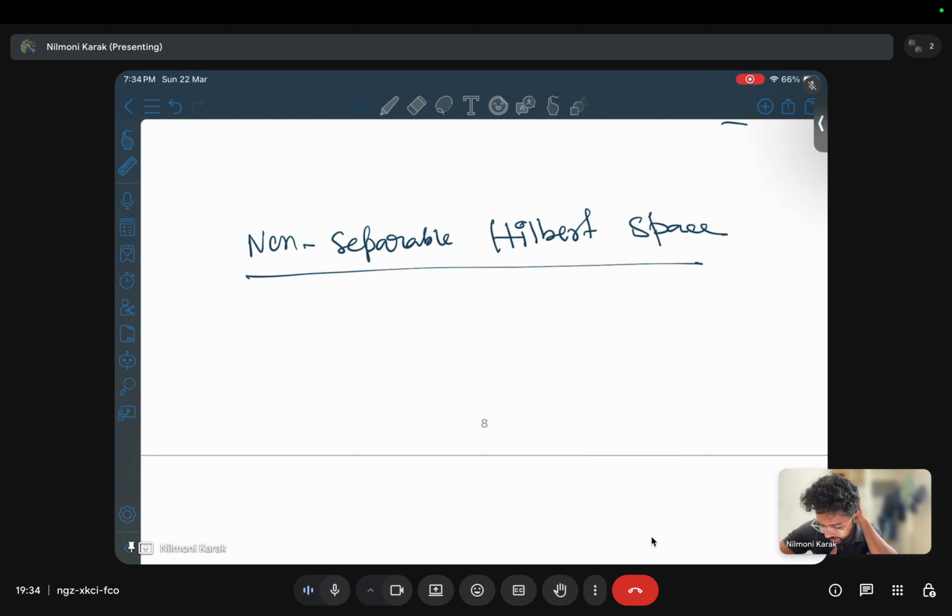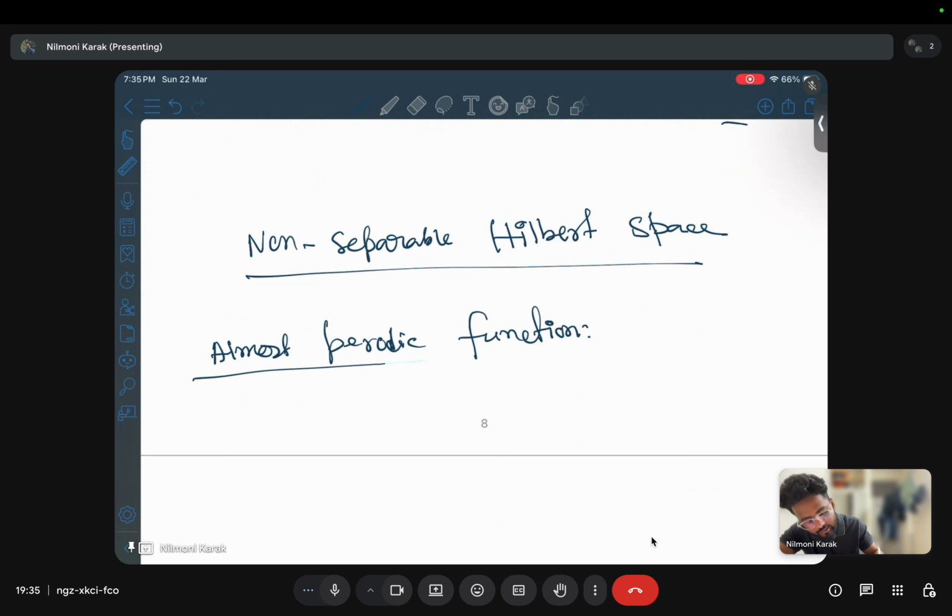Actually they are useful. So to study non-separable Hilbert spaces, we need to know the concept of almost periodic functions. Okay, first, almost periodic function.